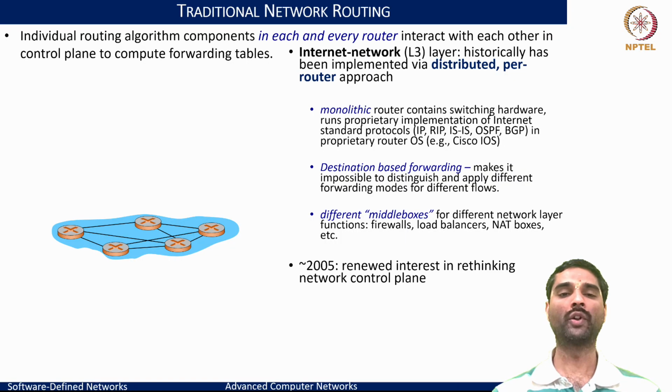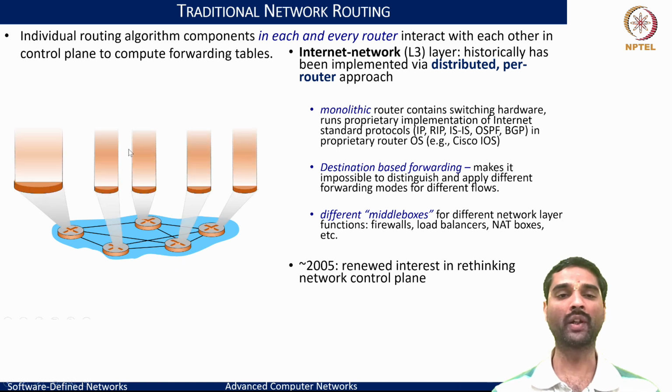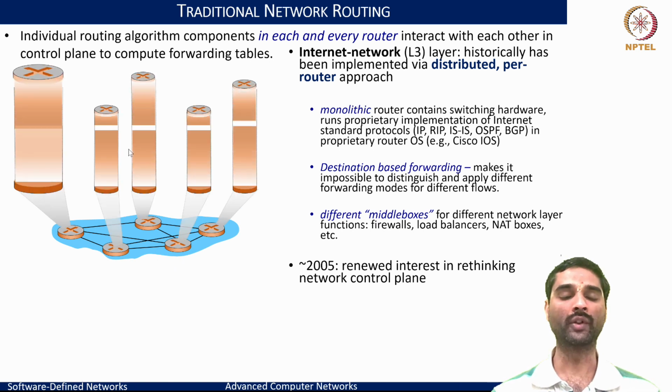Let us now look into how the control plane operates to build the forwarding tables. Consider the topology shown here. On top of this, if the control plane has to interact and build the routing information, we need to make these routers that are spread across the network interact and build the information.